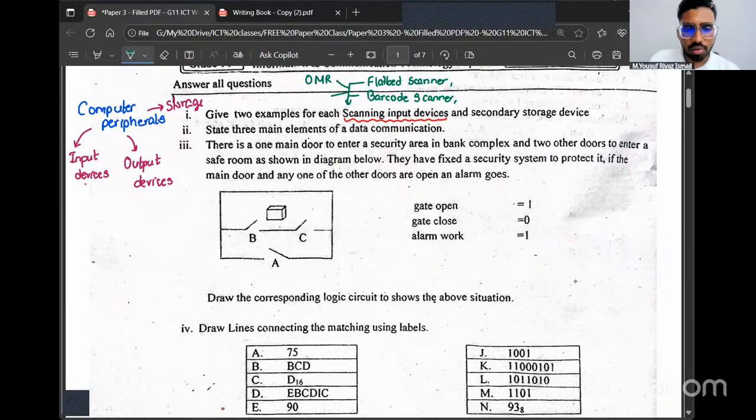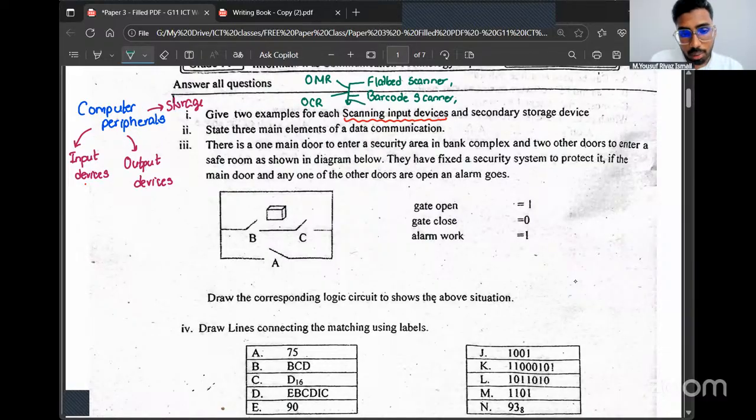Apart from that, if you want to extract text from an image, let's say there is some text in a picture and you want to obtain it, we have another type of scanner called OCR. And in banks, we have checks. At the bottom of the check there is a number written using a special type of ink known as magnetic ink.